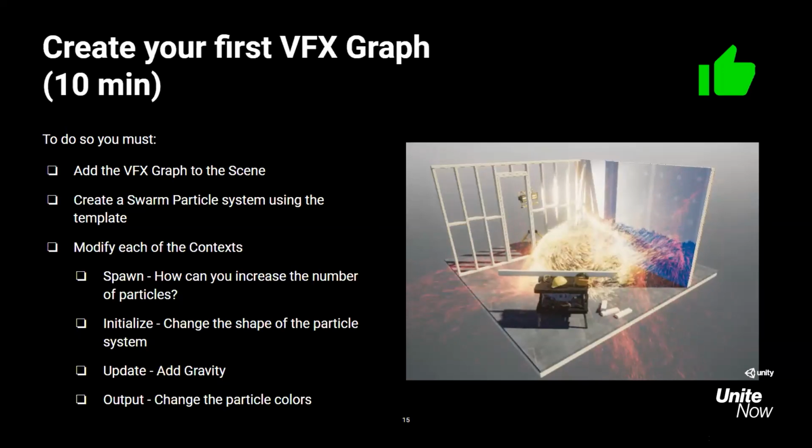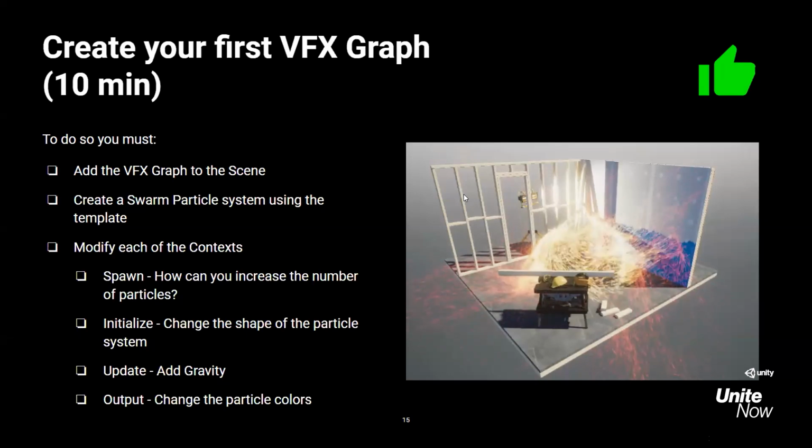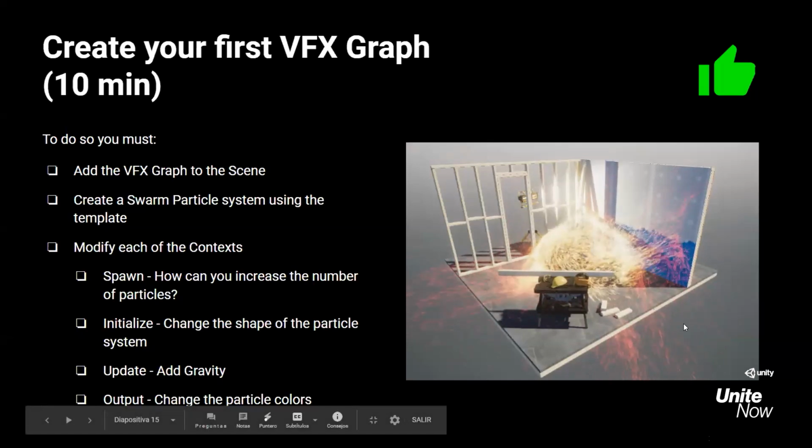So for a couple of minutes, you can write in the chat if you are setting up your swarm particle. Play around with the spawn, the initialize, and the update.